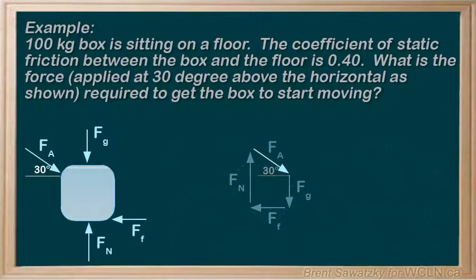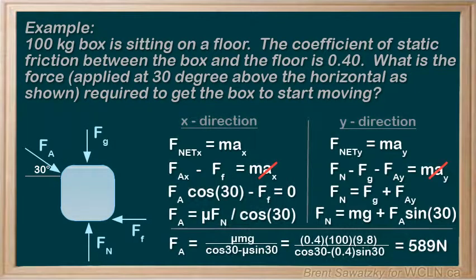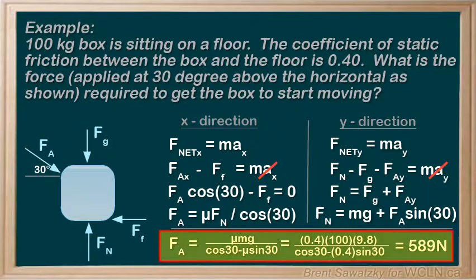We then switched to the component method, which is a more typical solution for this type of problem. We developed an equation while considering the forces in the x direction, and then another equation while considering the forces in the y direction. These two equations, when combined, provided us with a nice solution to the problem. We were able to determine the force required to make the box move.